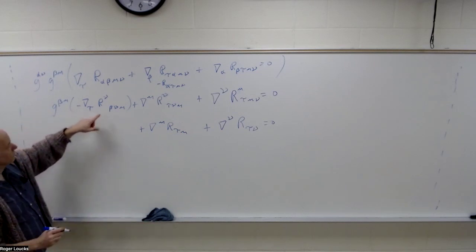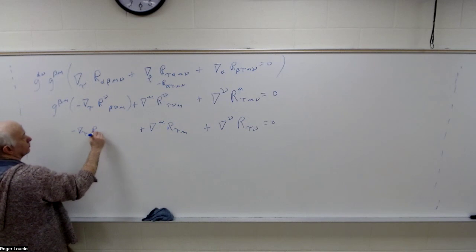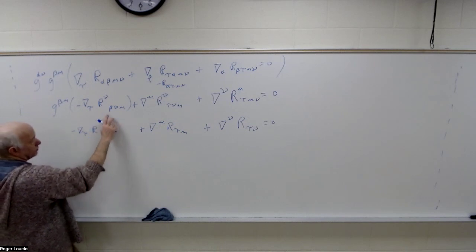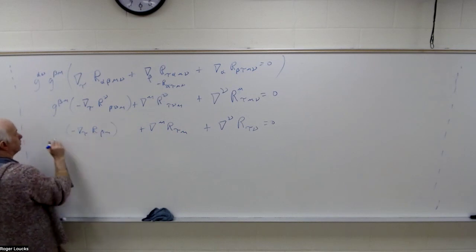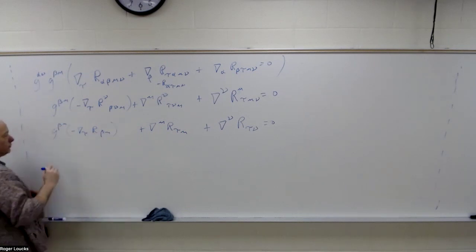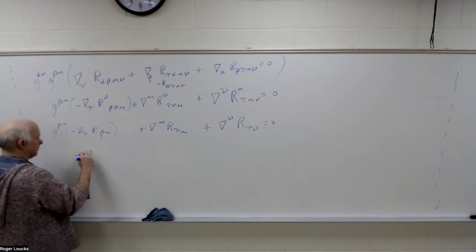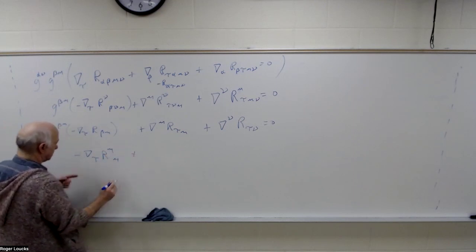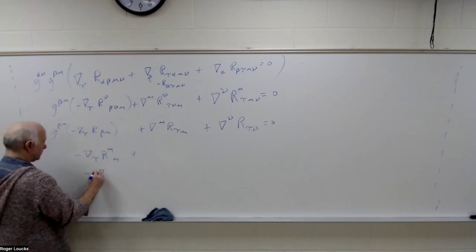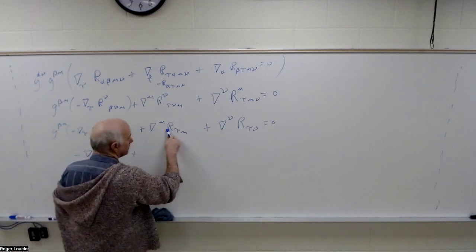Now, what is this guy here? Negative delta beta mu, and this is also multiplied by g beta mu. What does this do here? That makes the scalar. This goes to here, mu mu, and this is just R. And then these two, are these the same term?